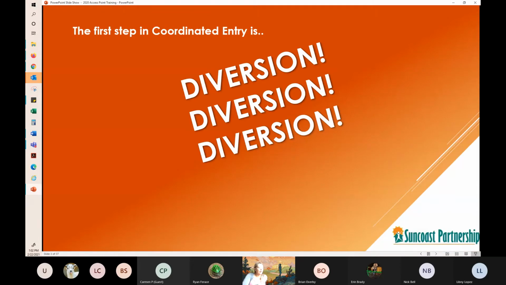The first step of coordinated entry is diversion. Diversion, diversion, diversion. This is always your first step. This should be everybody's first conversation. When we are working with our clients, we need to remember that our system does not have the capacity to meet the need of every homeless client and every at risk of homelessness client that we have identified in the system.